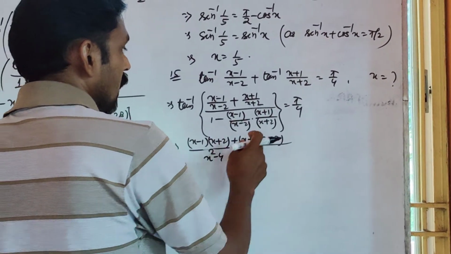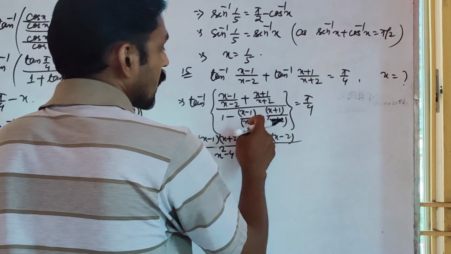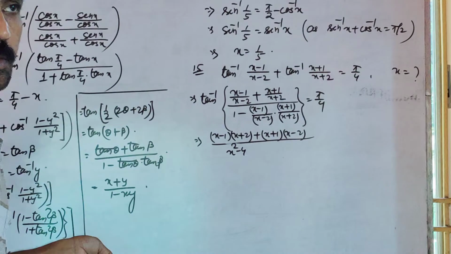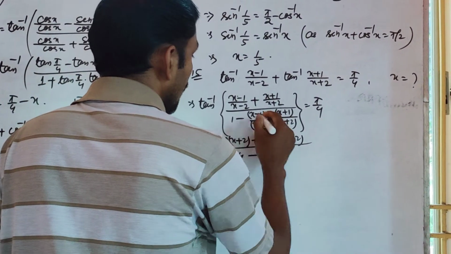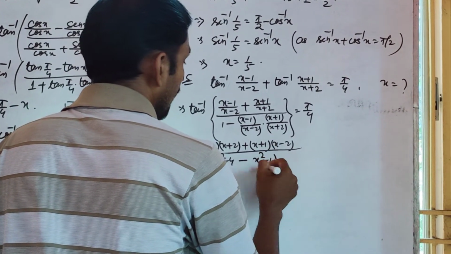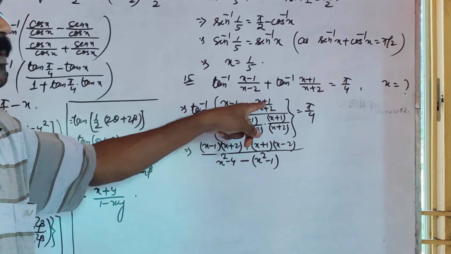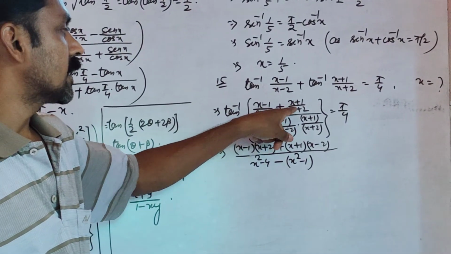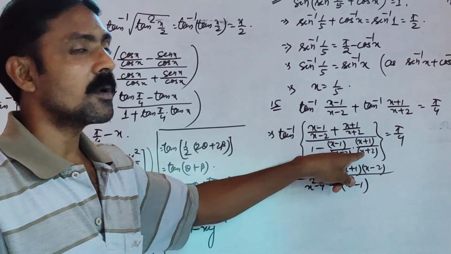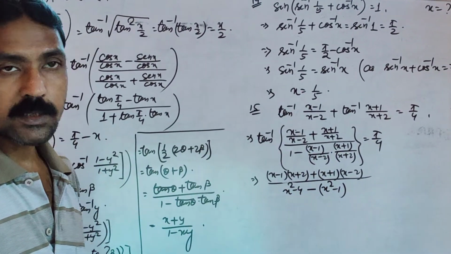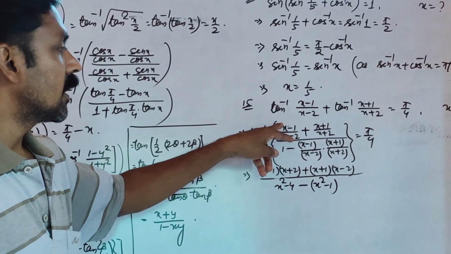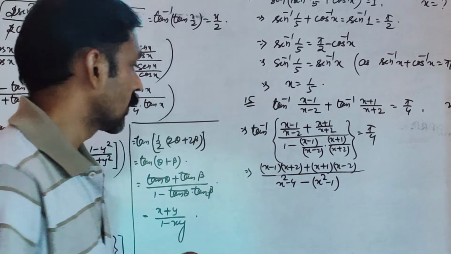LCM will be x plus 2 into x minus 2, a square minus b square, x square minus 4 minus this is x square minus 1, and your denominator will be the same. LCM is x plus 2 into x minus 2 here also, so they both will be cancelled. That's why I have written only the numerator of both.